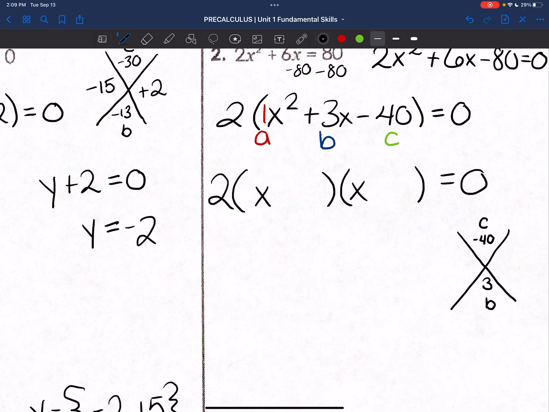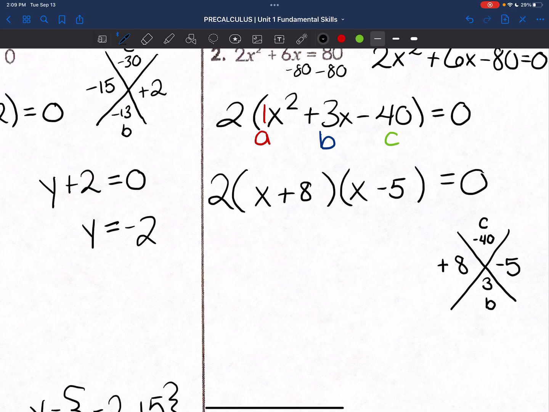What multiplies to give us a negative 40, but adds to give us 3? All right, well, one of them is going to have to be positive and one will be negative. That's going to be a positive 8 and a negative 5. And that'll finish our factors.